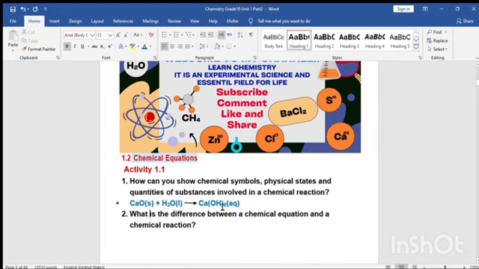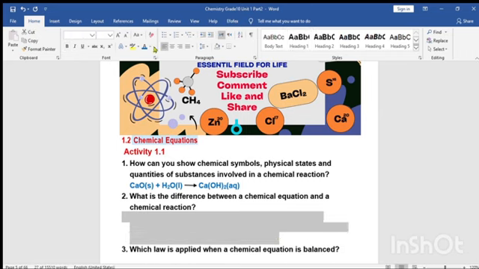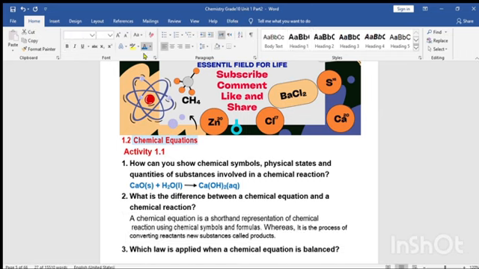Therefore, this is the chemical equation. The reaction means the process of converting the reacting substances into a new substance called calcium hydroxide. Therefore, this is the answer, which can easily be written like this. A chemical equation is a shorthand representation of chemical reactions in symbols and formulas. A chemical reaction means the process of converting reacting substances to other new substances.